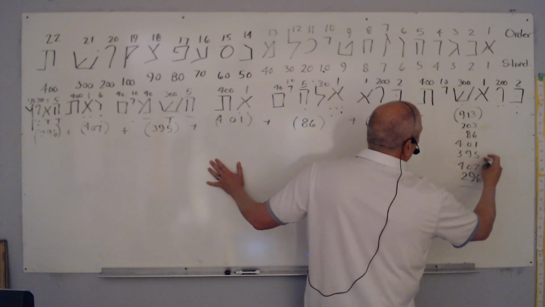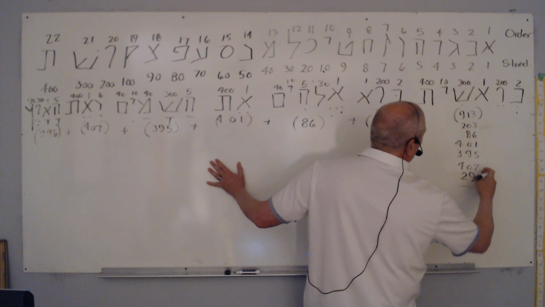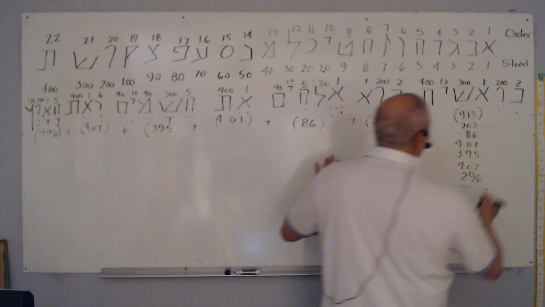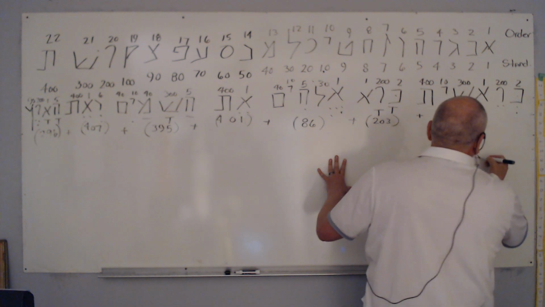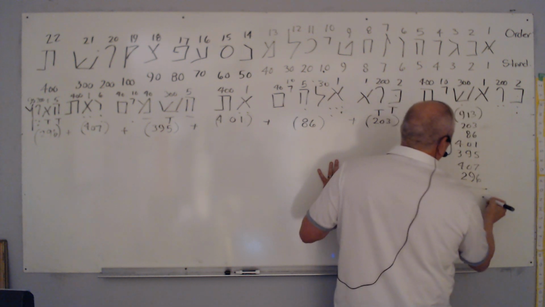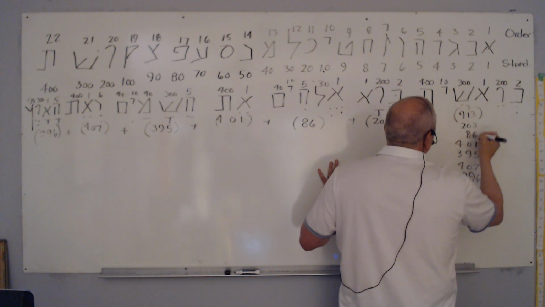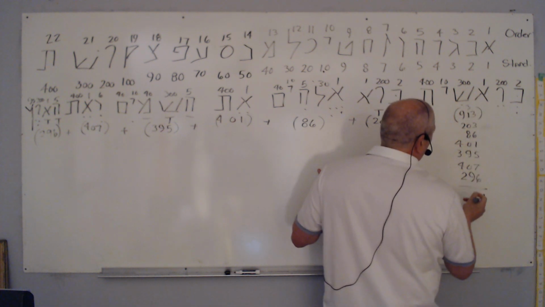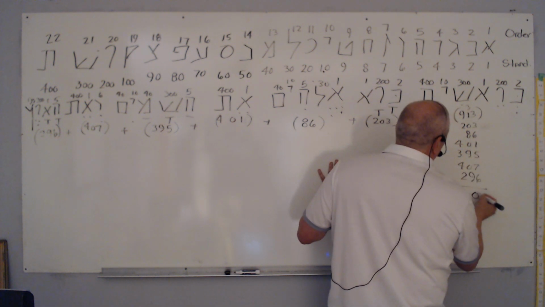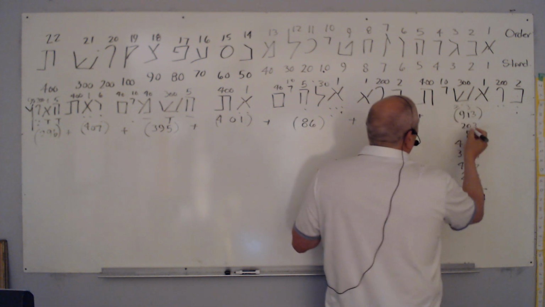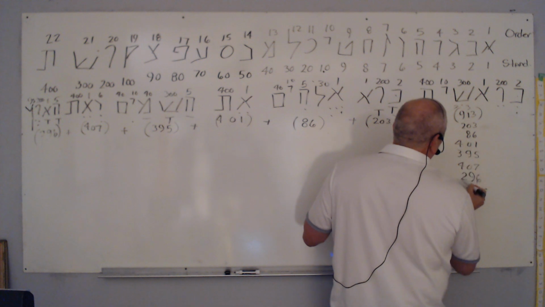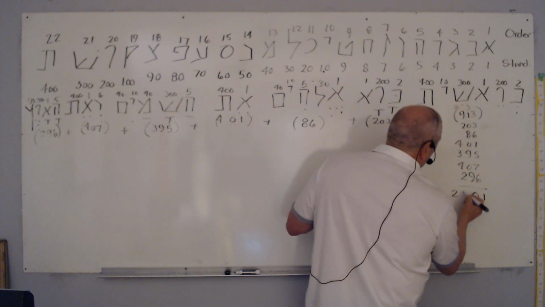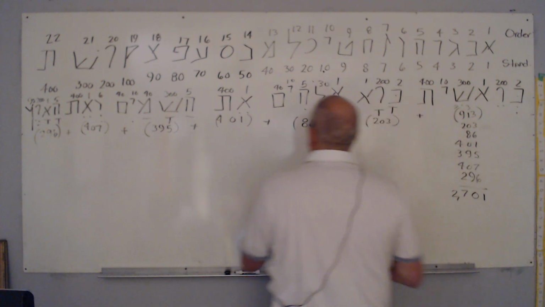So 9, 10, 15, 22. Oh, here we go. Sorry, I left 9, 13, 6, 12, 13, 18, 25, 31, 8, 9, 12, 18, 30. That's 12, 15, 14, 18, 19, 20, 21, and 6 is 27. So yes, we get 2,701.